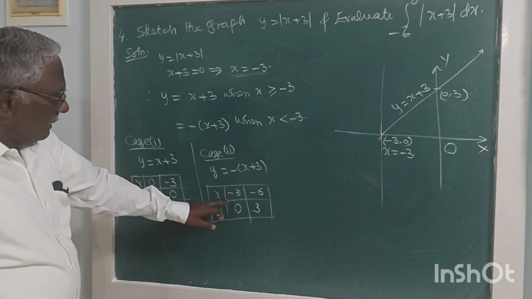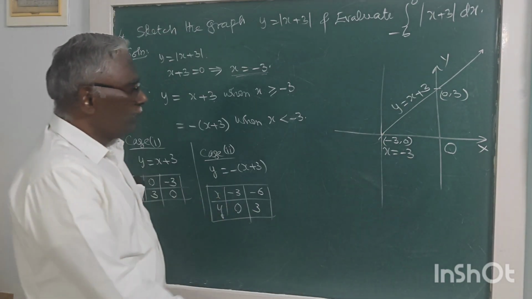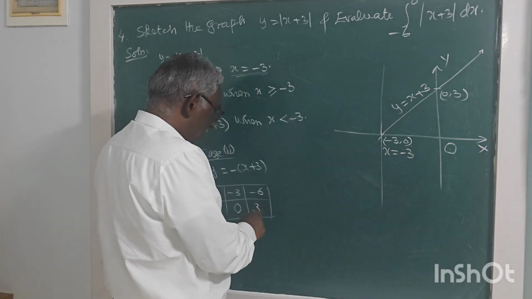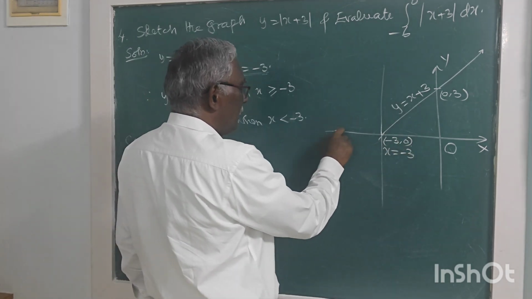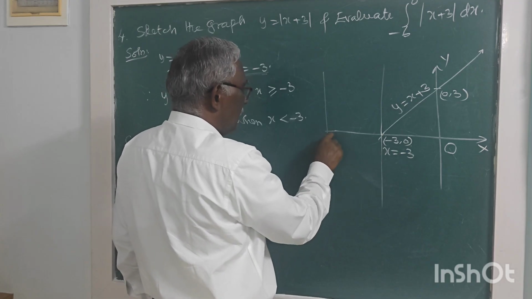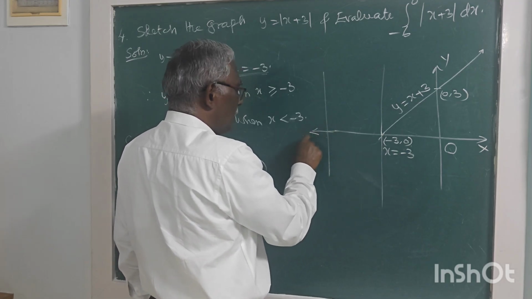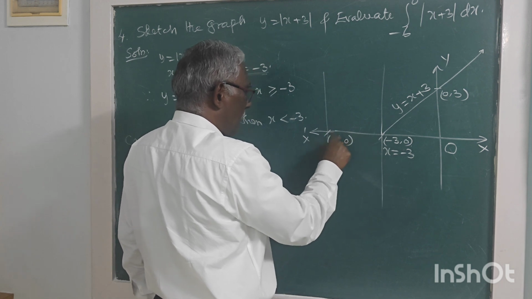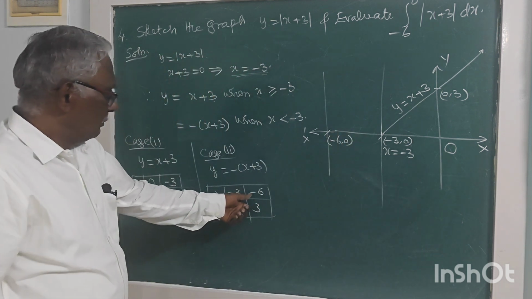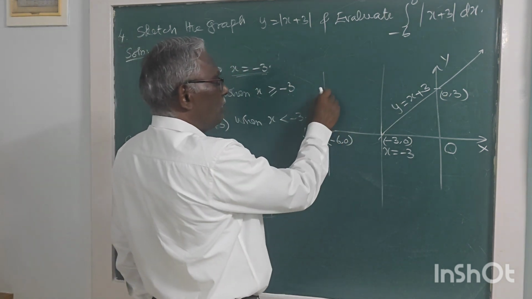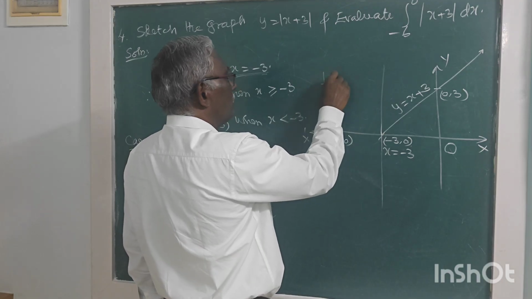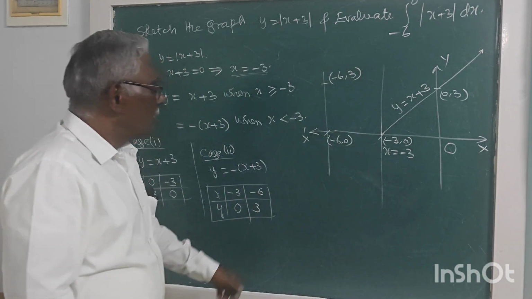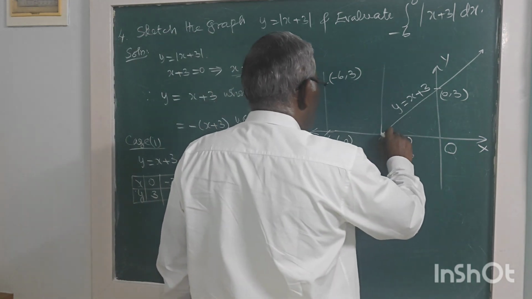Now, when x is minus 3, y is 0. When x is minus 6, y is 3. So we will take this point minus 6, 0, and minus 6 means y is 3. So we will join these two.